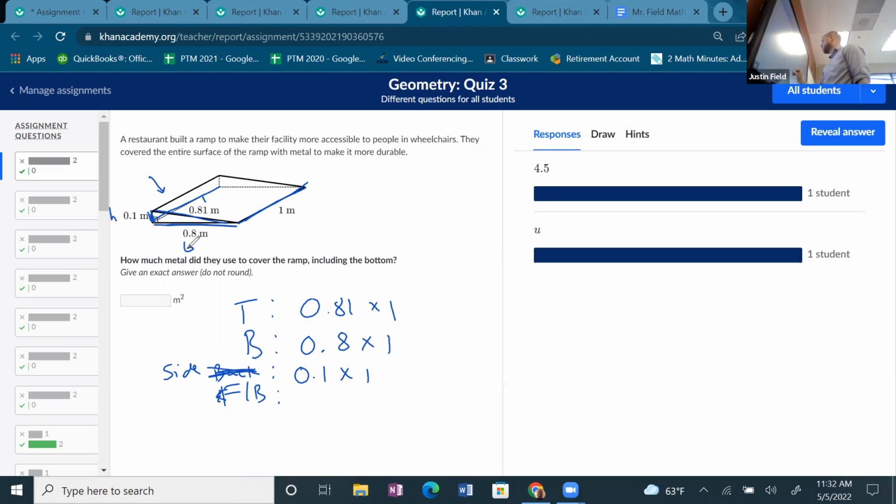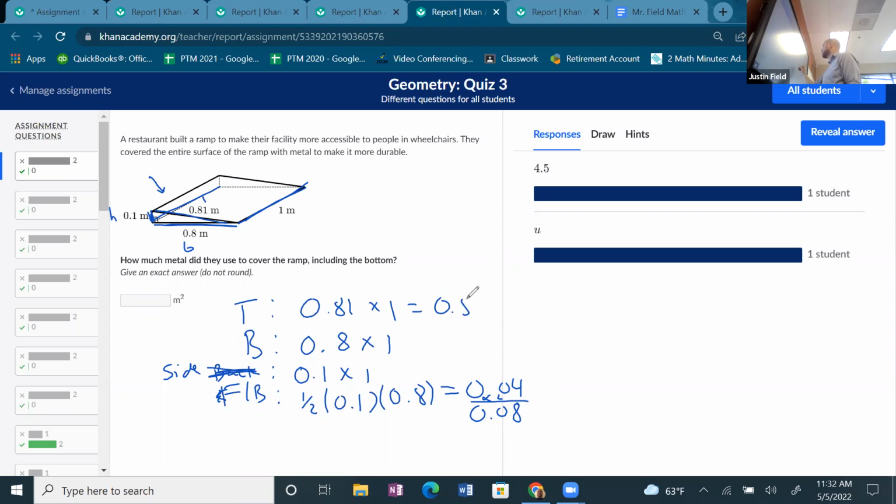So 1/2 times 0.1 times 0.8. That is 0.5 times 0.1 times 0.8, 0.04. So we got to multiply that by 2, 0.08, because there's a front and a back.